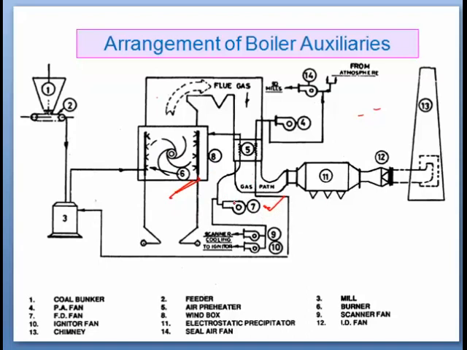This secondary air also passes through the air preheater, and through the wind box it is supplied into the furnace. So the mixture of primary air with the coal gets introduced in the furnace. Primary air also supplies the initial oxygen for combustion, and secondary air is used to sustain the combustion.